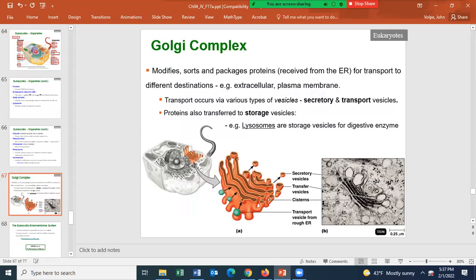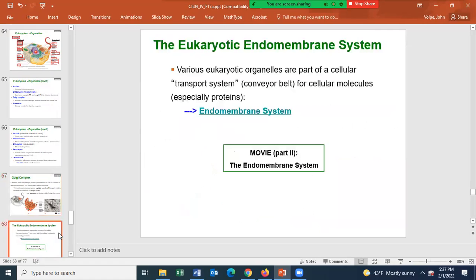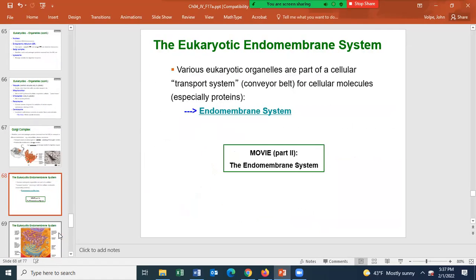All right, let's talk about the Golgi complex, the vesicles, and the endoplasmic reticulum. Vesicles start life usually from the endoplasmic reticulum.